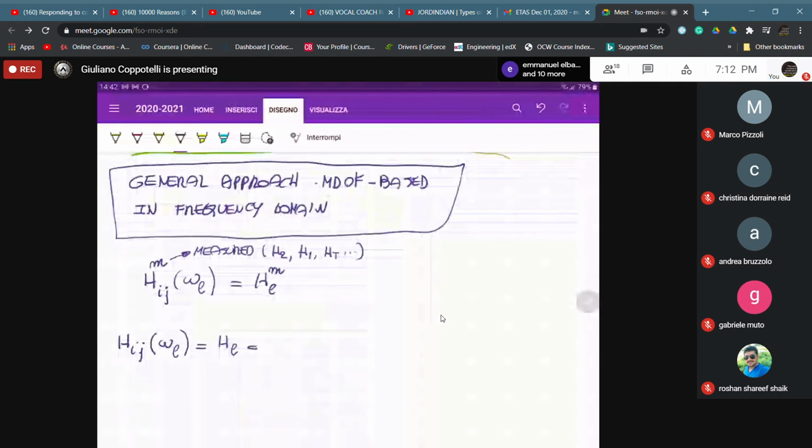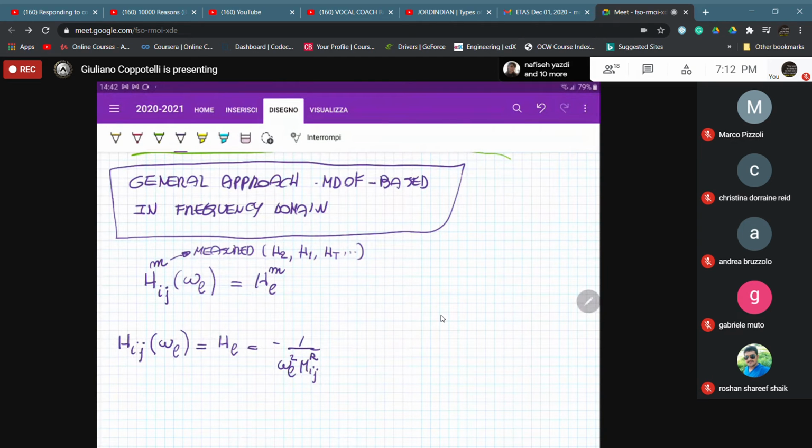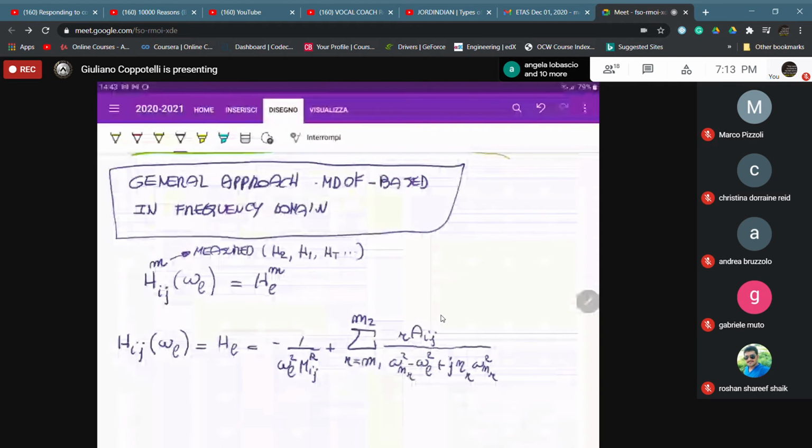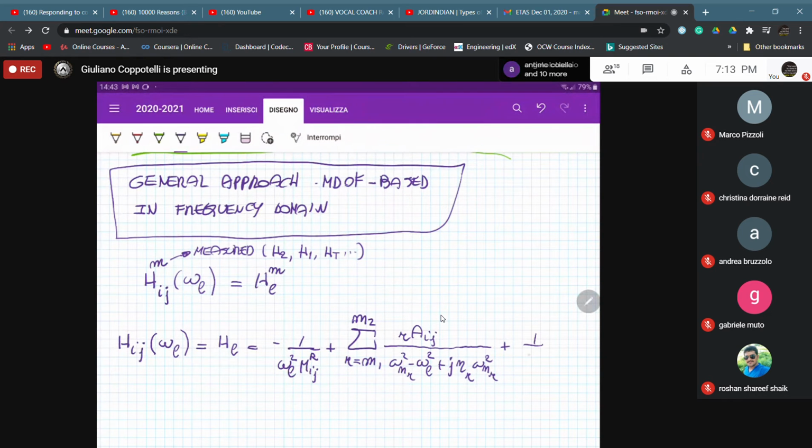That is minus 1 over omega L squared Mij, the mass operating in that frequency range, plus the summation of R from M1 to M2 of the residue terms that refer to the same indexes ij of the R mode, over omega N R squared minus omega L squared plus j 2 eta R omega L omega N R. And the last contribution is 1 over Kij, that is the flexibility.